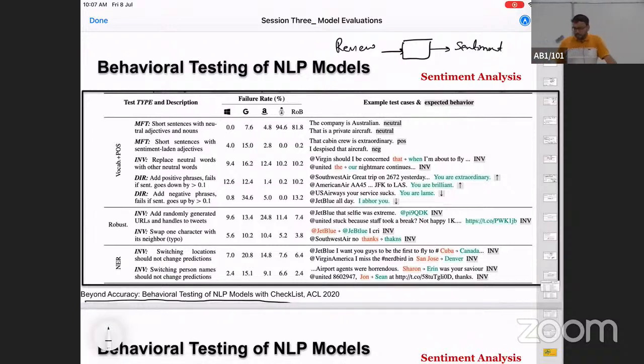Okay. They have experimented with several NLP models. What are those models? They have experimented with three industry specific models. For these models, the authors have paid money to the different companies, because you can only use these models if you pay the companies.